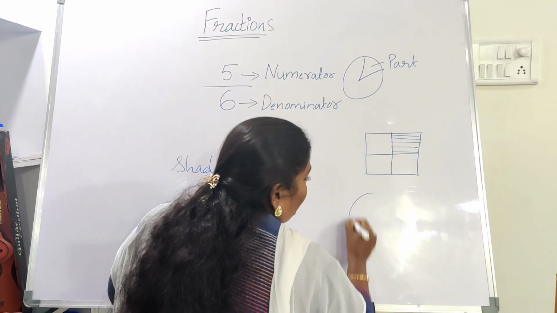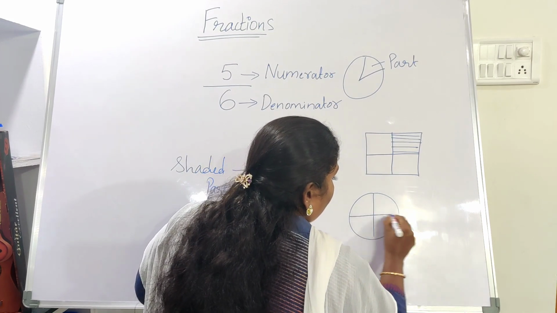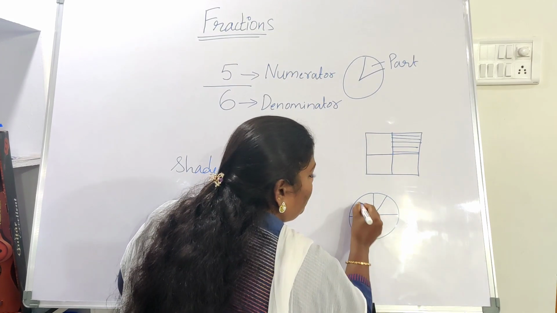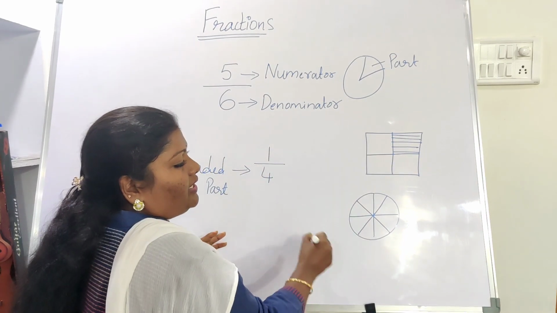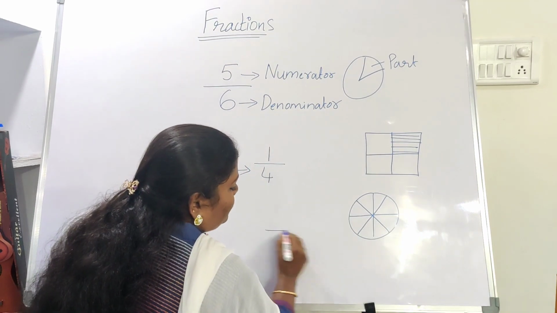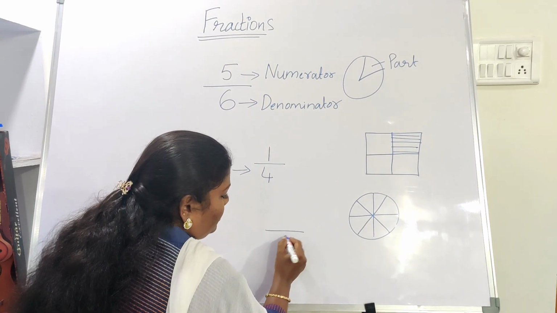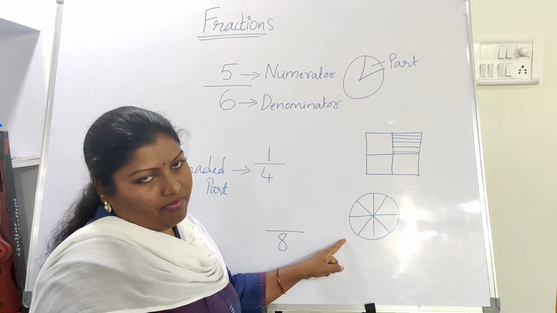Let me explain by taking another figure. Now this is a whole part. I have divided it into 8 parts. So the total parts is represented by the denominator. The denominator represents how many parts you have made.